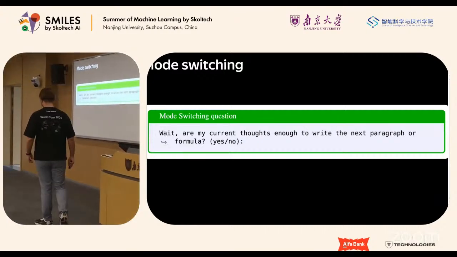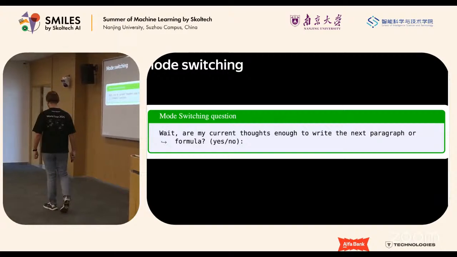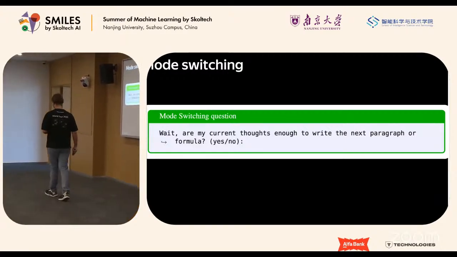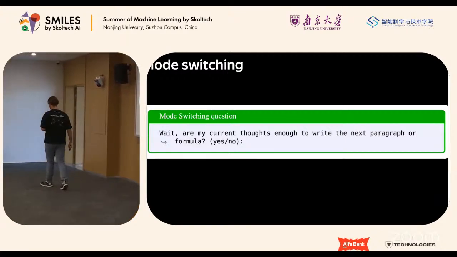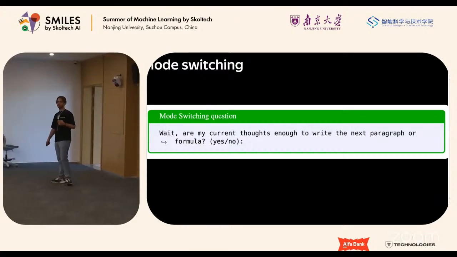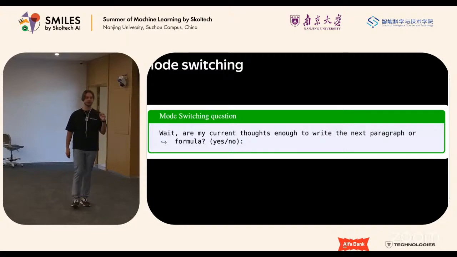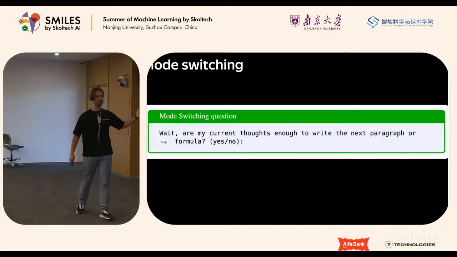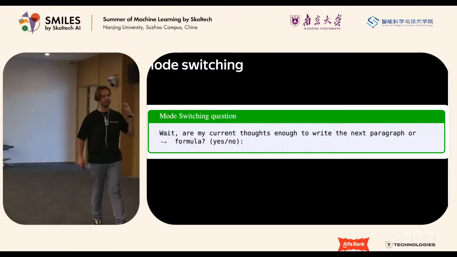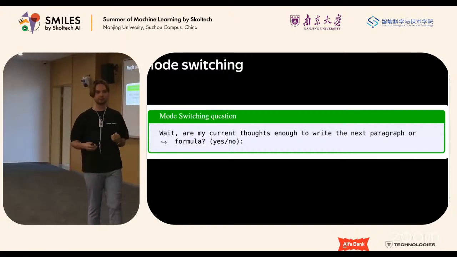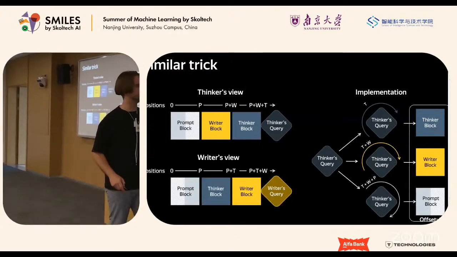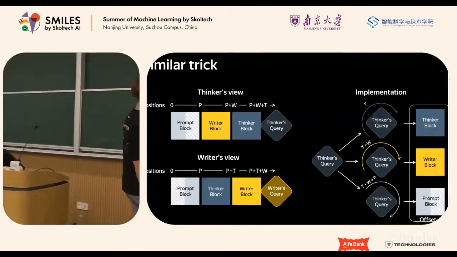The trick I was talking about is mode switching. So instead of giving the thinker the whole additional turn in the writer's context, we can use this simple question as the other view. What's a view? The order of cache blocks is a view.